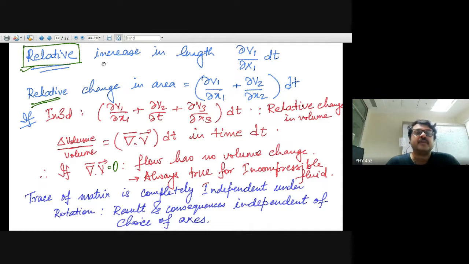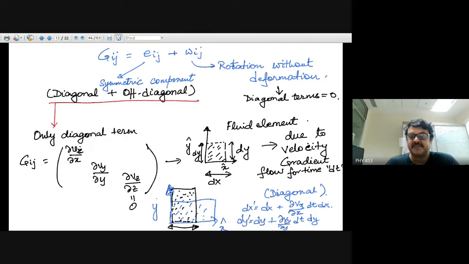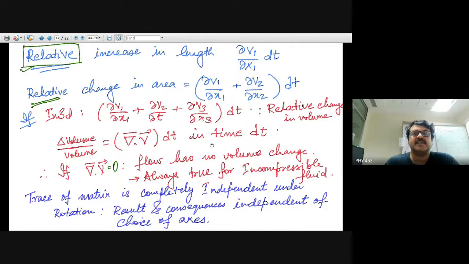So if you talk about relative increase in length, it will be dy dash over dy. So basically you can calculate that the relative increase in length will be ∂v1/∂x1 instead of x.